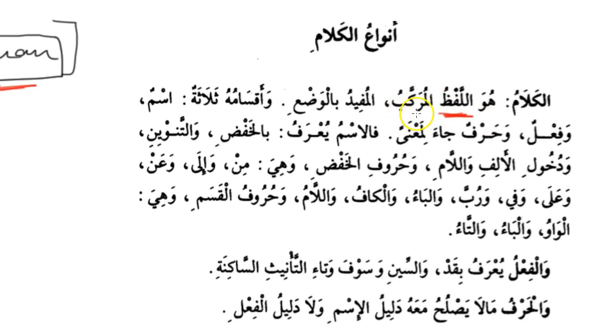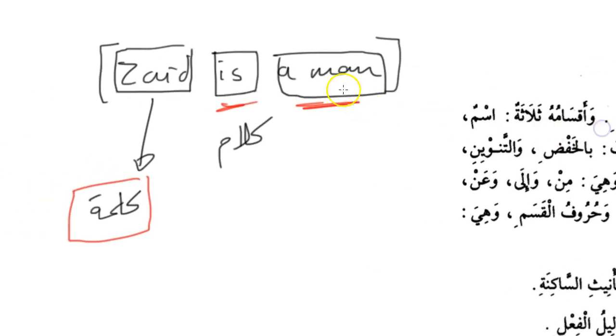Al-murakkab, which is composed, it's made up of something. So murakkab means when you put two or more things together, a composition. So an utterance, a speech, or something that's said, which is composed, and mufid bil wada', and it gives a meaning. In other words, at the end of it, there's no question left.